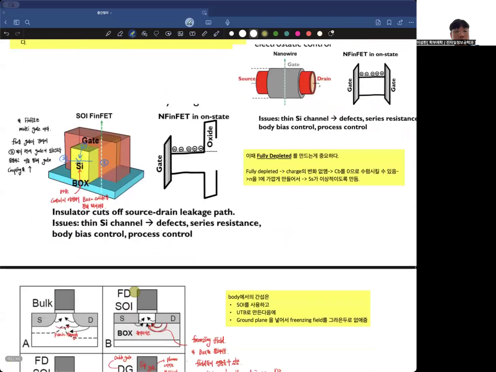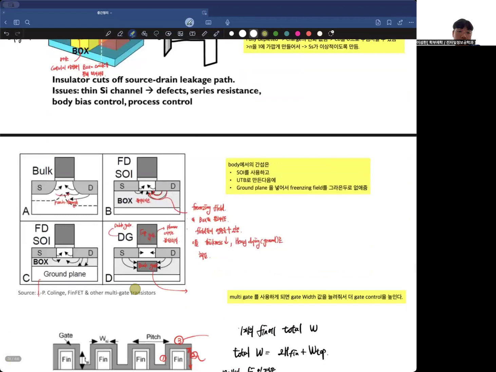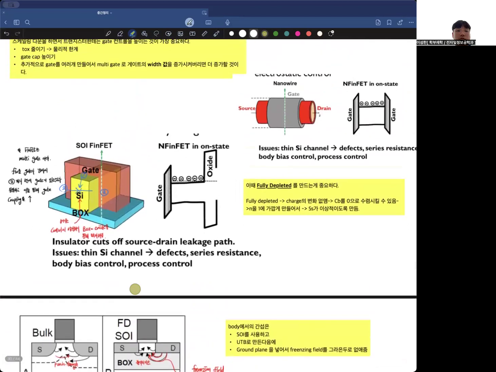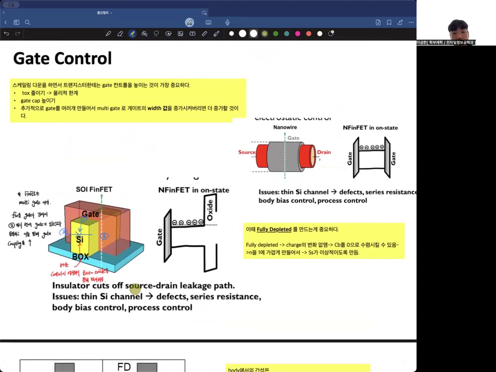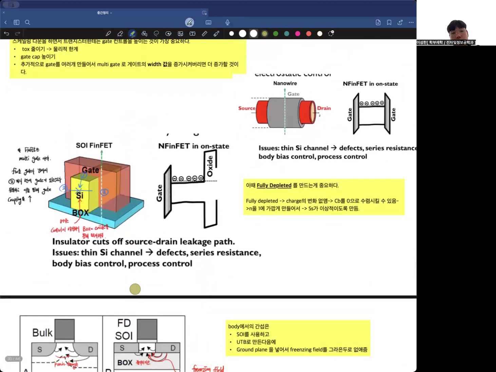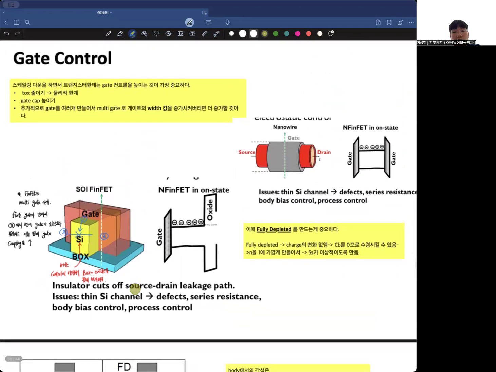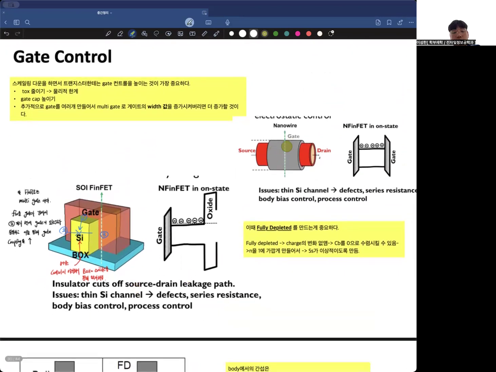And then about gate control, we need to get much more gate control. So we use multi-gate devices like FinFET or GAA. GAA has the full surface covered by the gate, which means a full gate channel.